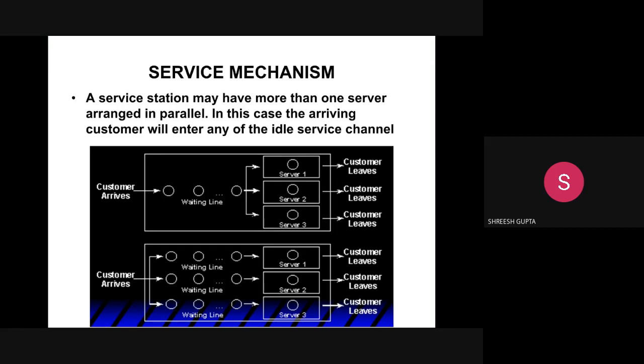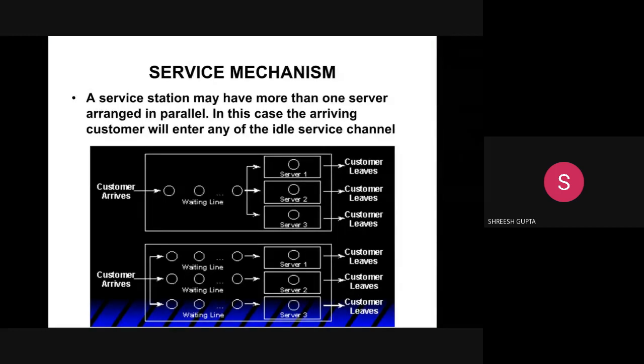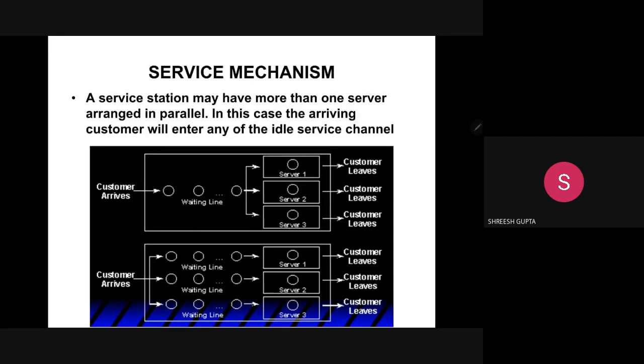So we have more than one server arranged in parallel. Here we have one waiting line, and after that we have multiple counters. So that comes under the single queue and multi-server system.